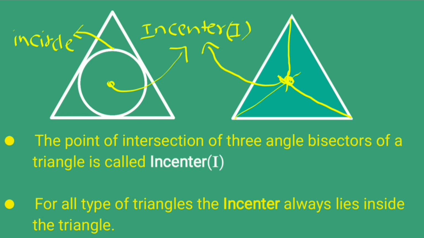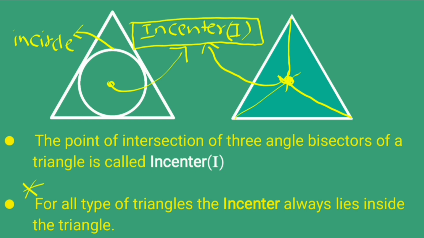That is the statement written here: the point of intersection of three angle bisectors of a triangle is called the incenter, and it is represented with capital I. This is the incenter.